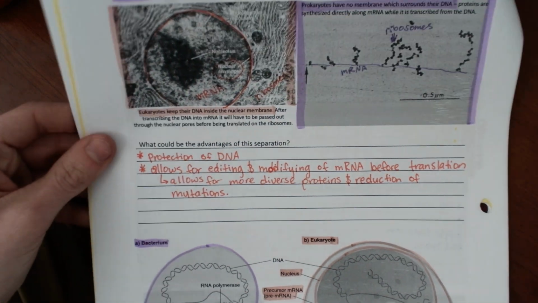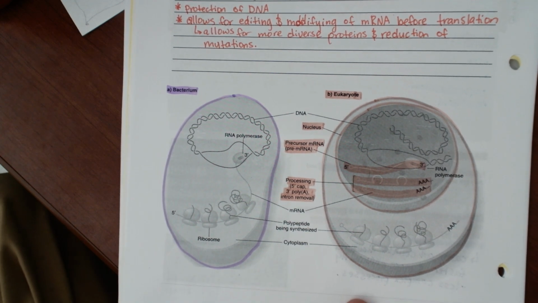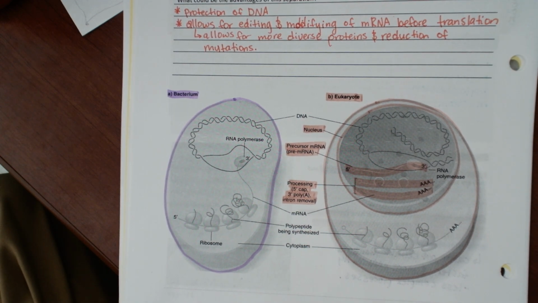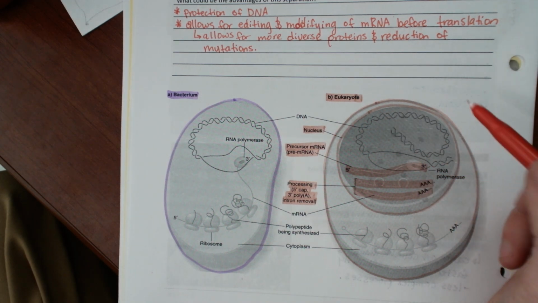And so then down here, you have little cell models of the process of transcription and translation. I went ahead and highlighted just the structures and steps that are only in eukaryotic cells. You'll notice some of the things they have in common. They both have DNA, although in this case it's inside the nucleus.